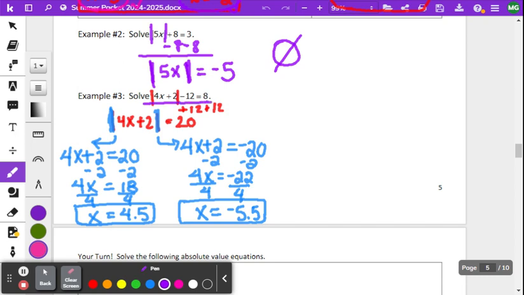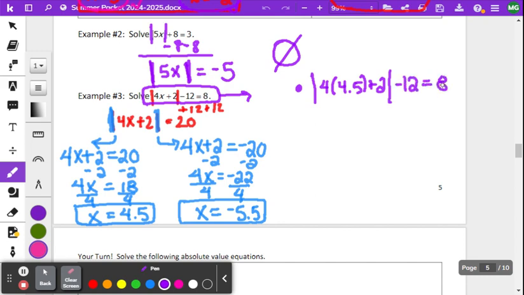We will test these values in the original equation. So the first one we're checking is 4.5. So we'll have the absolute value of 4 times 4.5 plus 2, close up that absolute value, minus 12 equals 8. We're going to test and see if that's true.